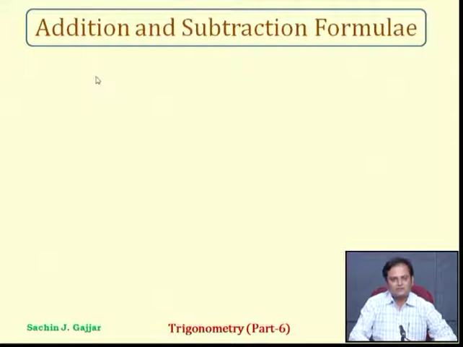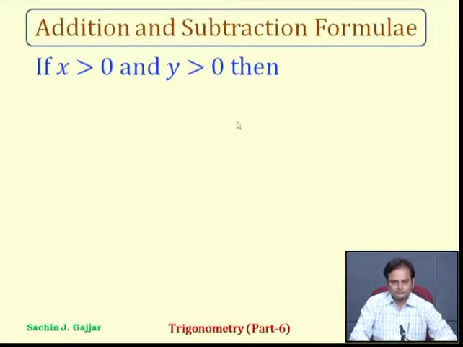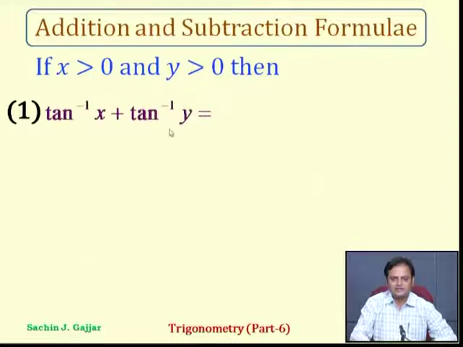Now let's learn some more formulae, addition and subtraction formulae. If x greater than 0 and y greater than 0, meaning x and y are both positive, then the first result is tan inverse x plus tan inverse y equal to. But for tan inverse x plus tan inverse y we have three results and there are conditions.